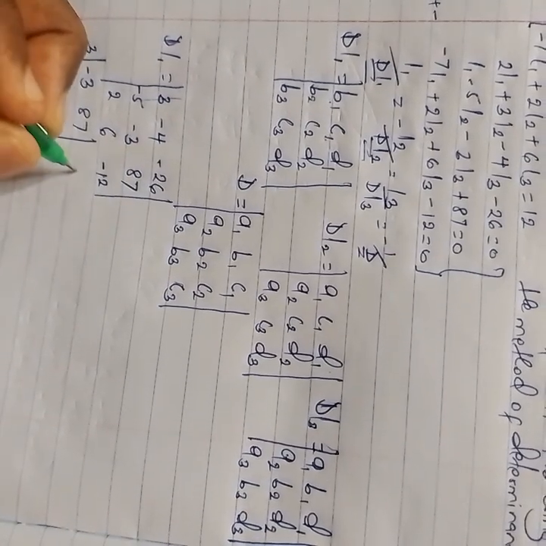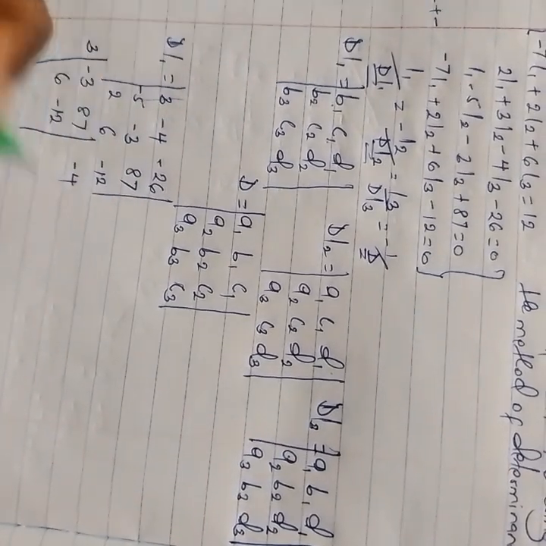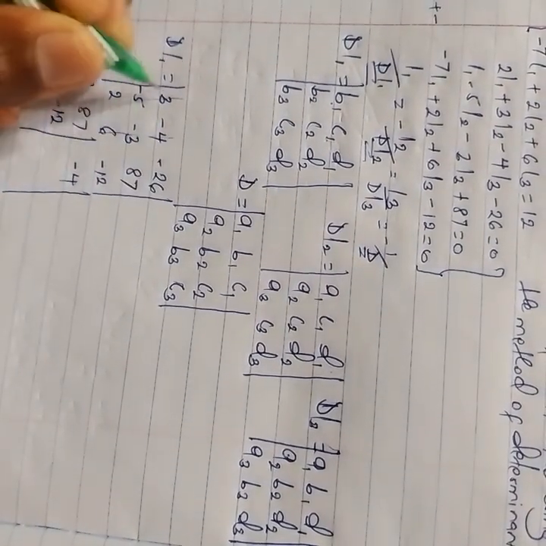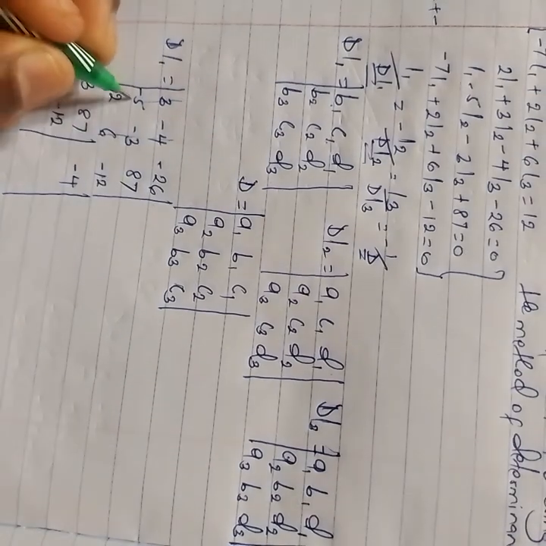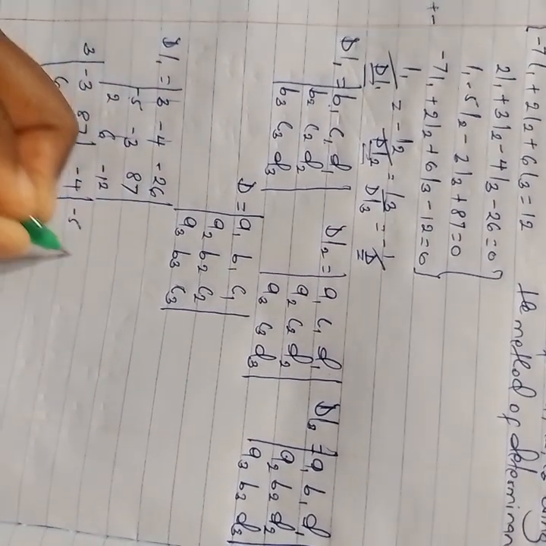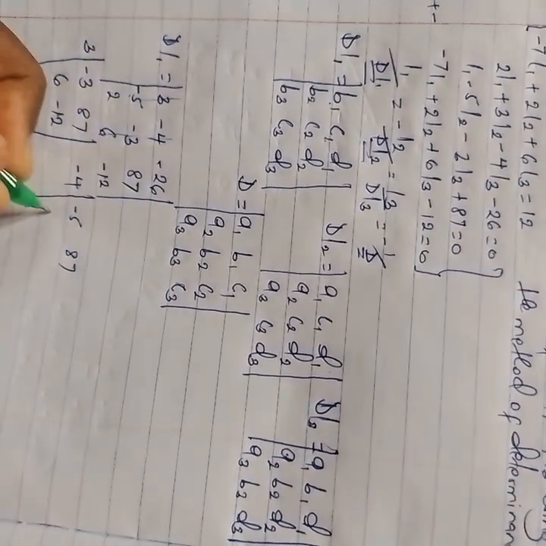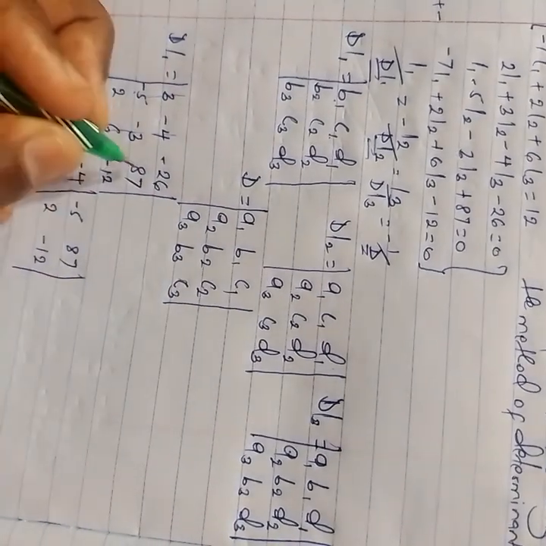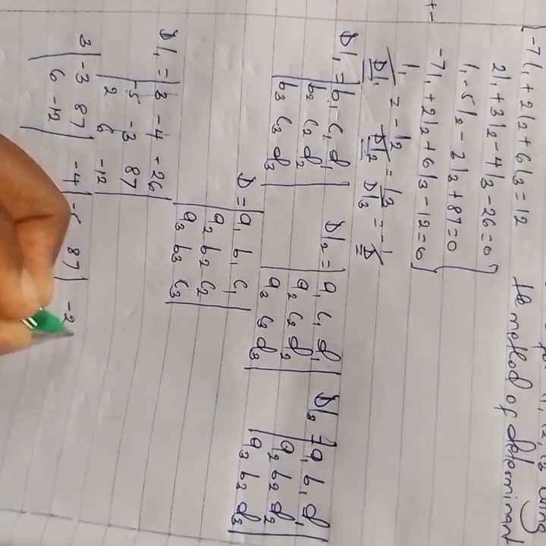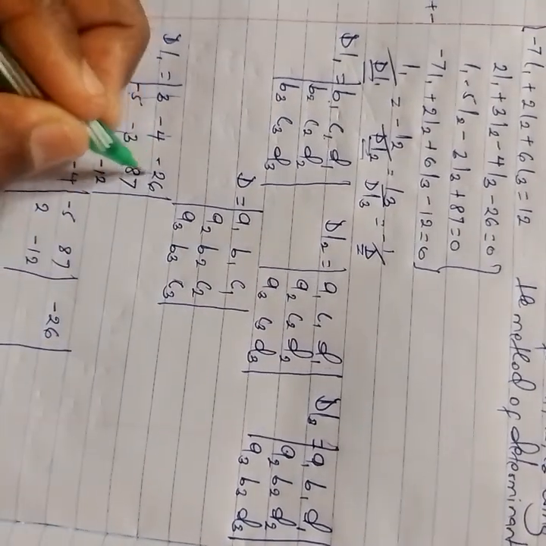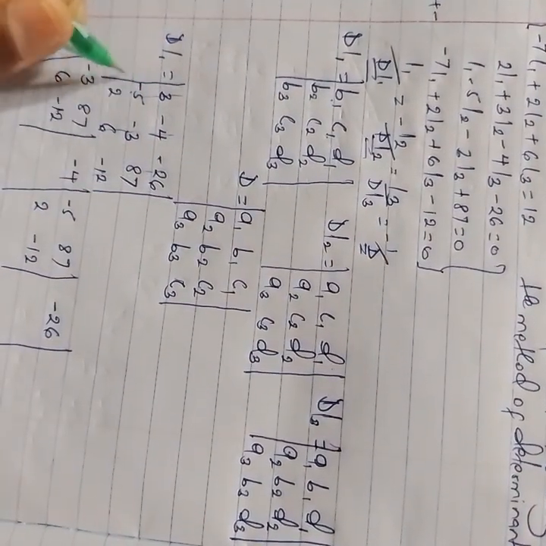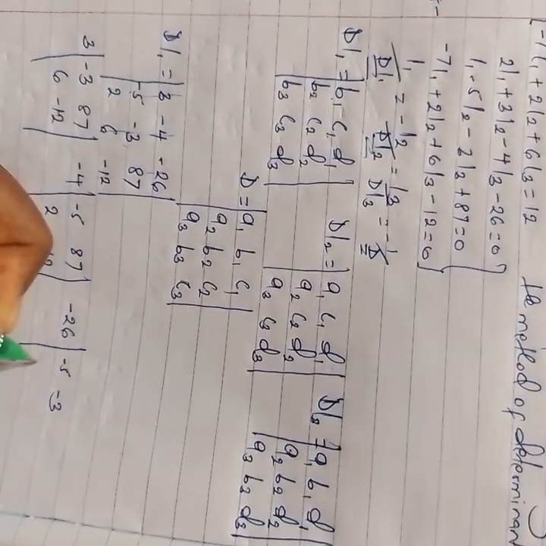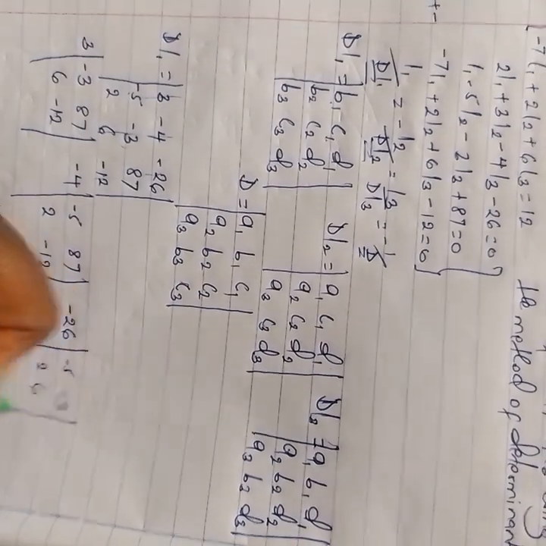We'll put the sign later. Negative 4, this one. We cancel this, and again we cancel this. We remain with negative 5, 87, 2, negative 12. Again we move to 26. We write this one. Negative 5, negative 3, 2, 6.